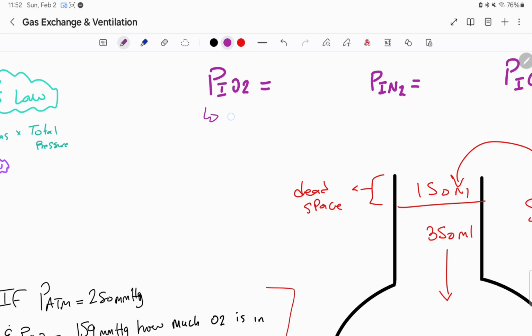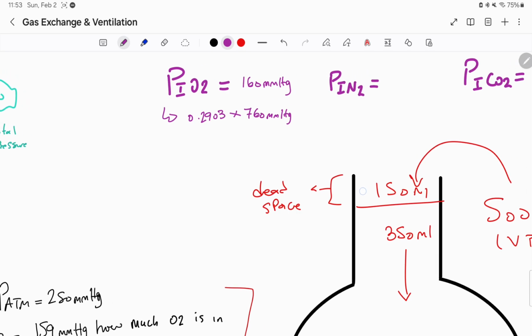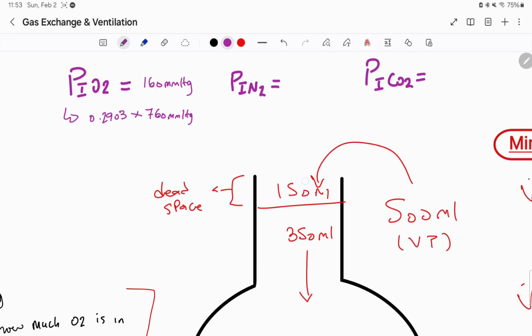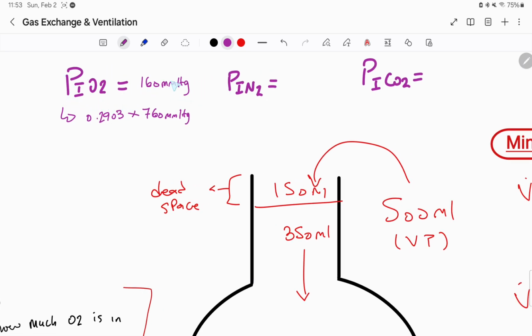It's about 0.2903, or 29.03 percent. You take this number and multiply it by 760 millimeters of mercury. This is a unitless thing, so you just multiply it by that. You get 160 millimeters of mercury, approximately. That's the partial pressure of the inspired O2.